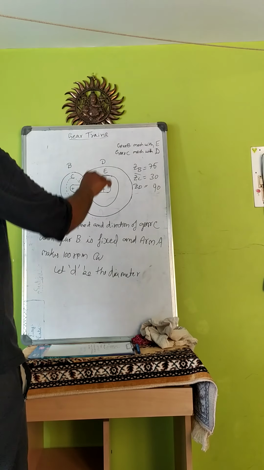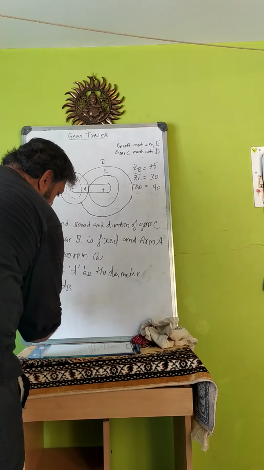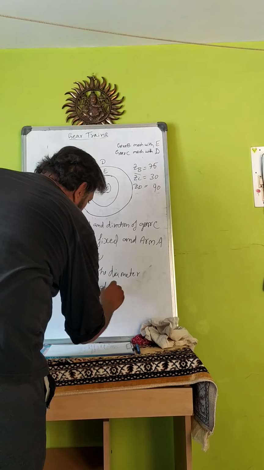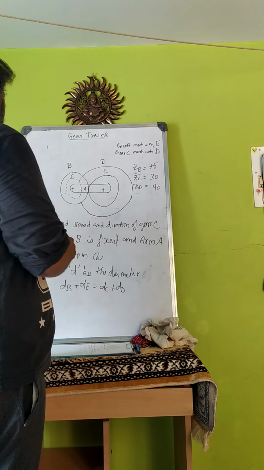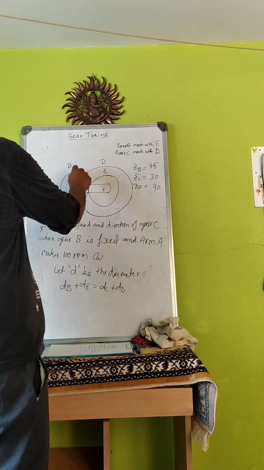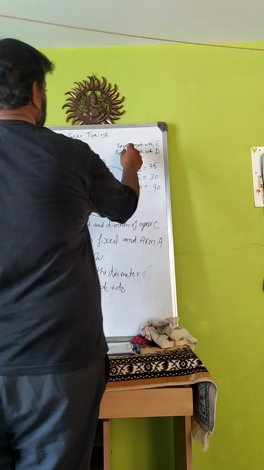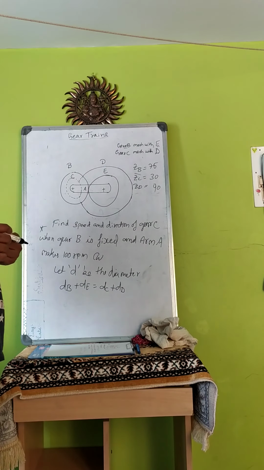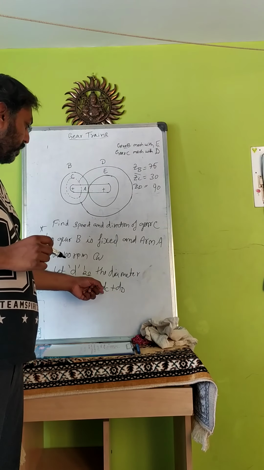By the given geometry, we can say that DB plus DE is equal to DC plus DD, that is, the diameter of B and the diameter of E, since B is meshing with E. By equating these diameters we get dB plus dE equals dC plus dD.